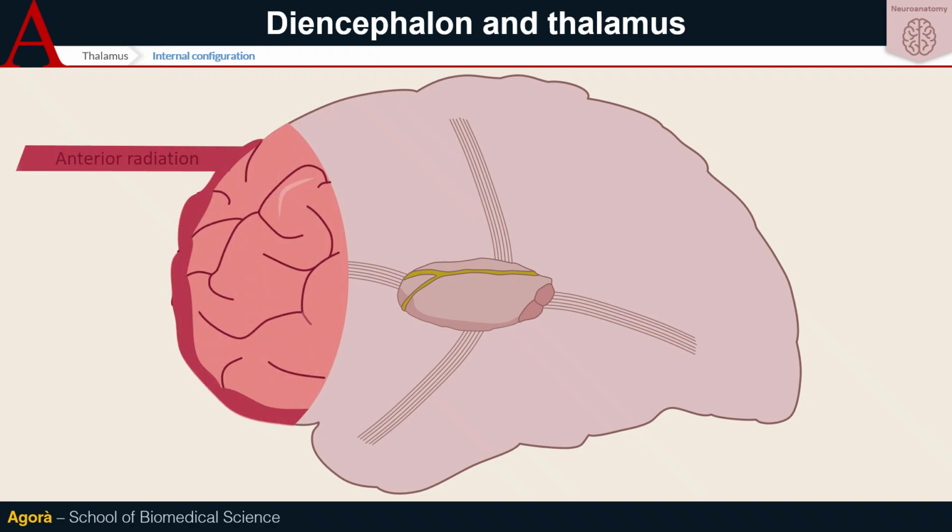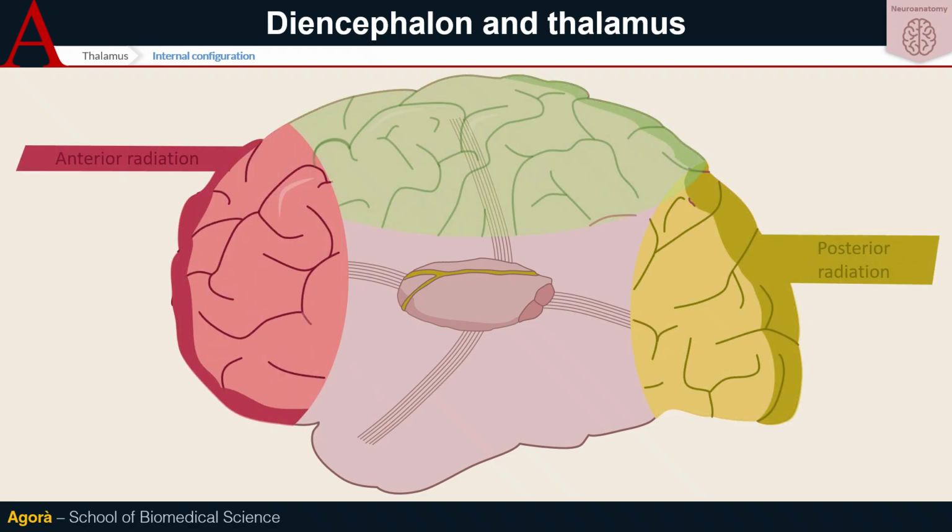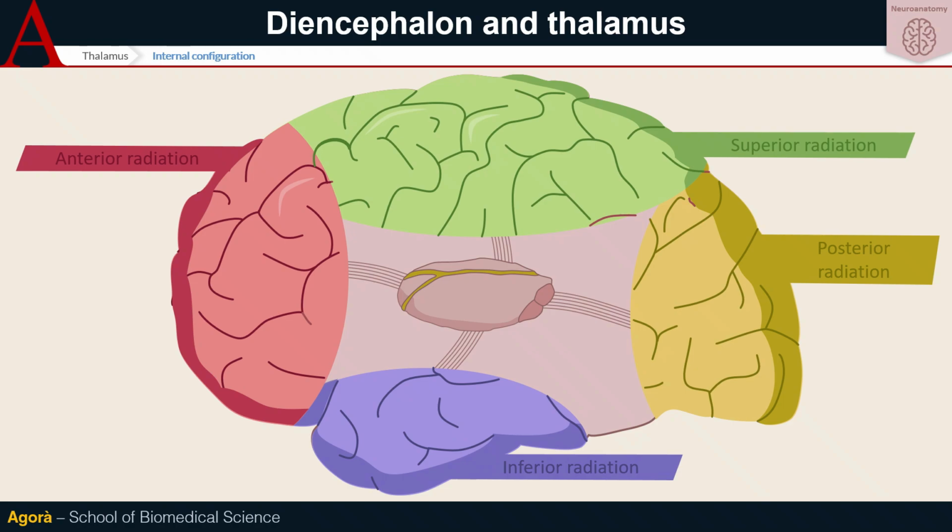We distinguish 4 types of radiations: anterior, frontal, connecting the anteromedial part of the thalamus to the frontal cortex; posterior, occipital, connecting the lateral geniculate body of the metathalamus and the lateral surface of the thalamus to the occipital lobe and part of the parietal lobe; superior, parietal, connecting the ventrolateral part of the thalamus to the precentral and postcentral gyri; inferior, temporal, connecting the medial geniculate body of the metathalamus and the posterior part of the thalamus to the temporal lobe.